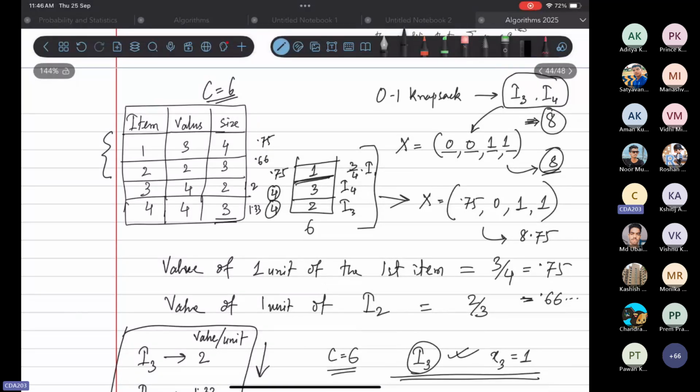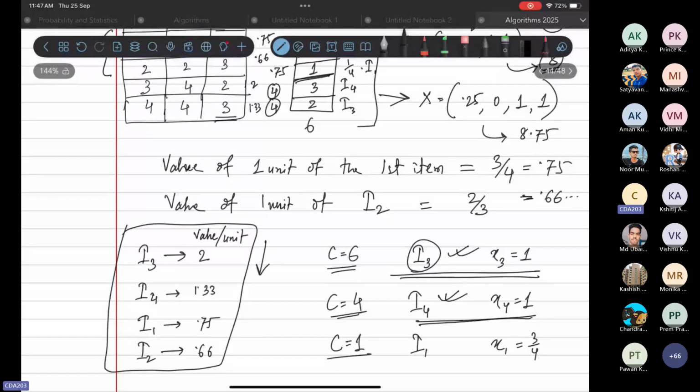Oh, sorry. This is not the full, okay. I'm not choosing the 3/4 size. I'm choosing 1/4 of this. It's 0.25 I'm choosing. It's 1/4 of this item I'm choosing. It's whatever the remaining capacity is.